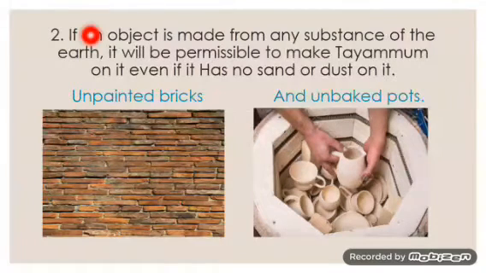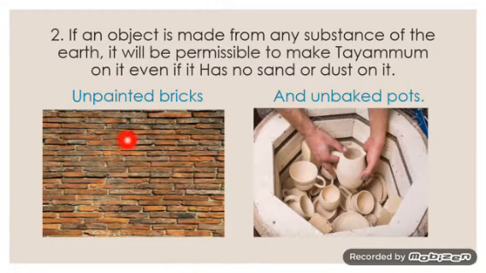Number 2 is, if an object is made from any substance of the earth, it will be permissible to make tayammum on it, even if it has no sand or dust on it, because these things are made from dust and clay.